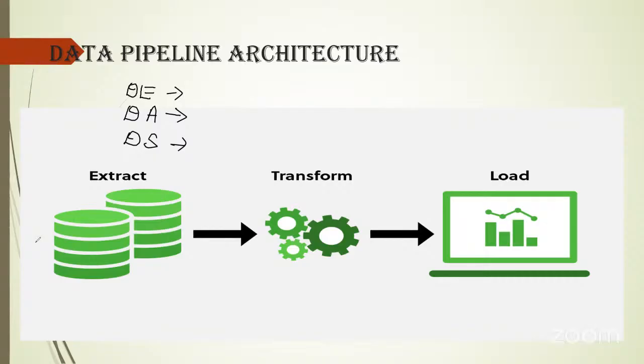So in data engineering, we will focus on three major steps: extract, transform, load. What is meant by extract? Pulling data from APIs, SQL, CSV. For example, you are pulling Twitter data via an API. And then transform, where you are cleaning, converting, and aggregating data.